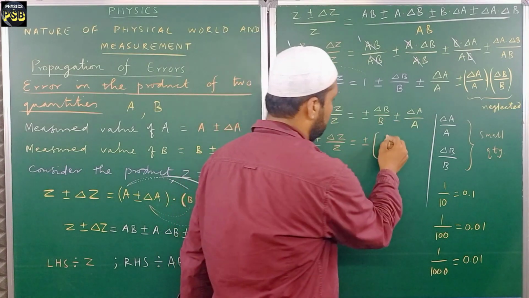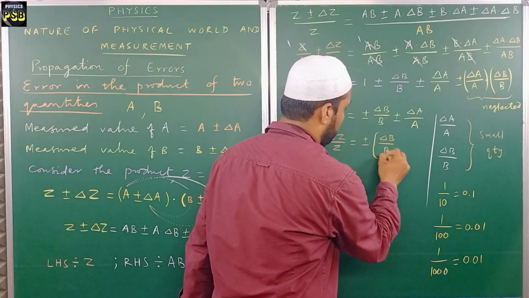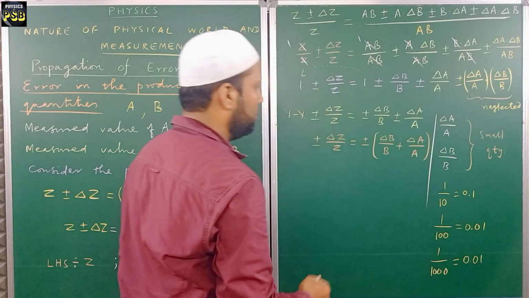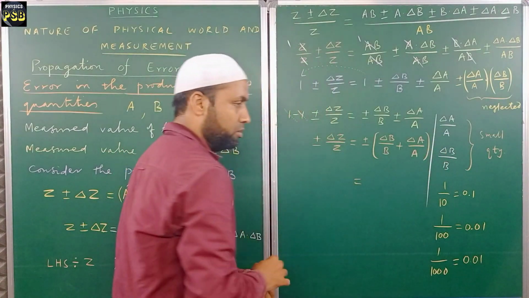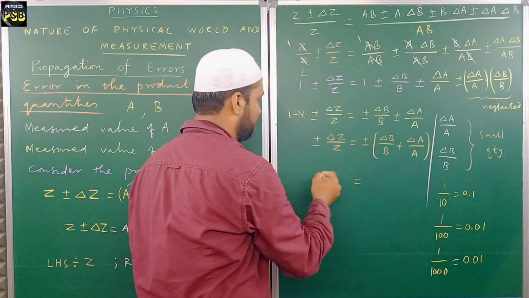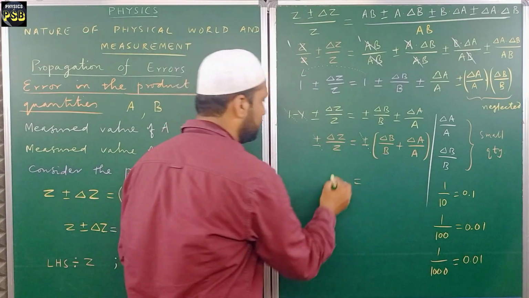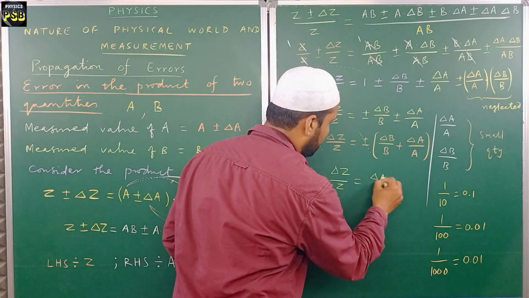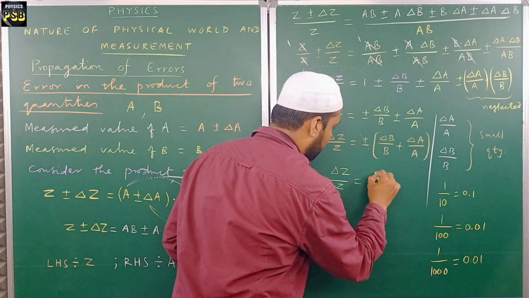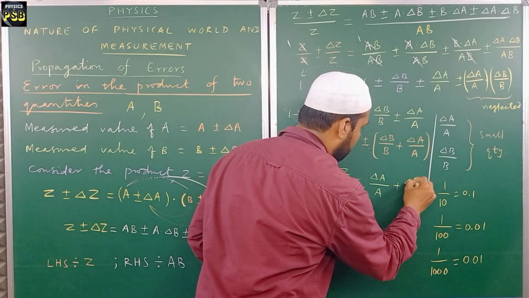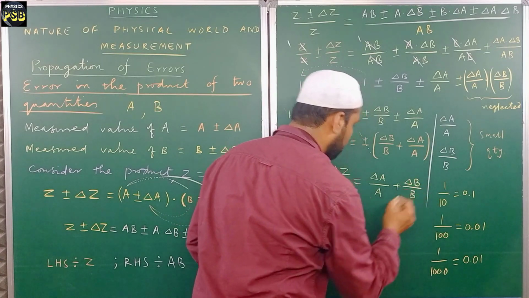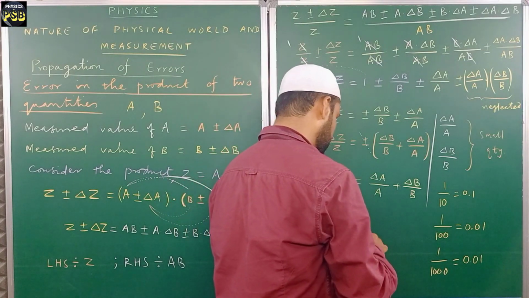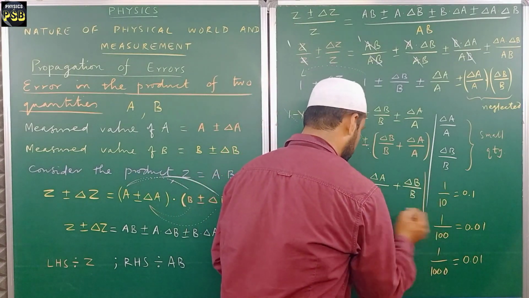When it is taken common, I obtain delta B upon B plus delta A upon A. Now this can be rearranged. Now let's see, on both sides we have plus or minus. You can omit this. Delta Z upon Z can be written as delta A upon A plus delta B upon B. Okay, and this provides me the final expression.